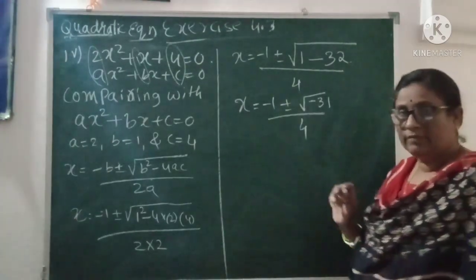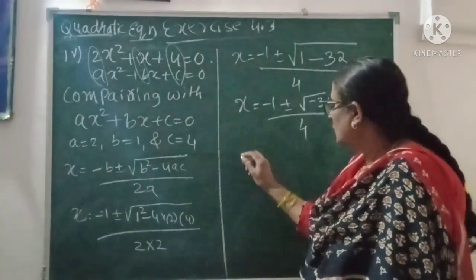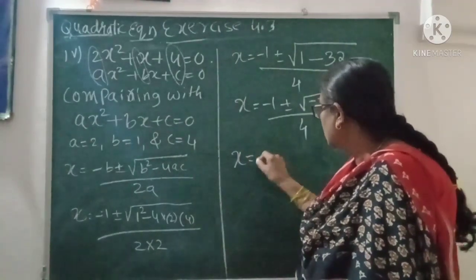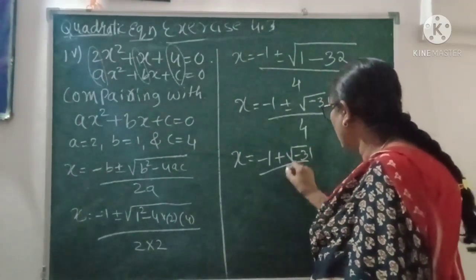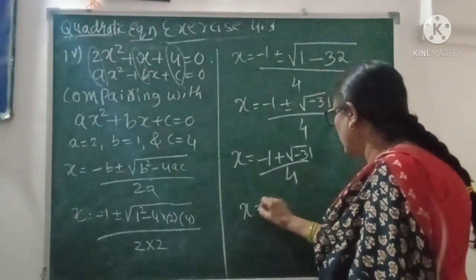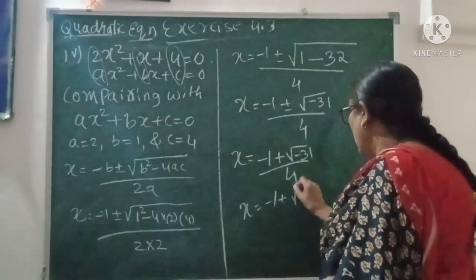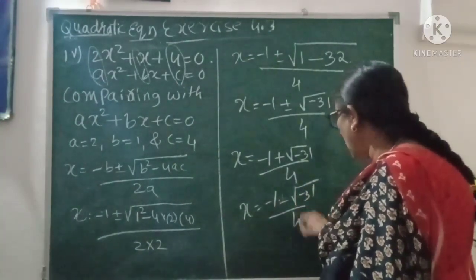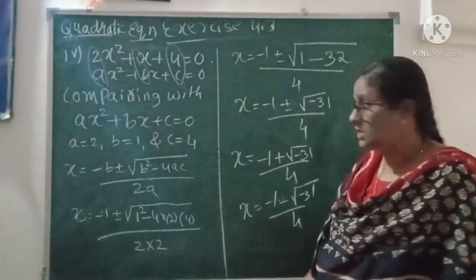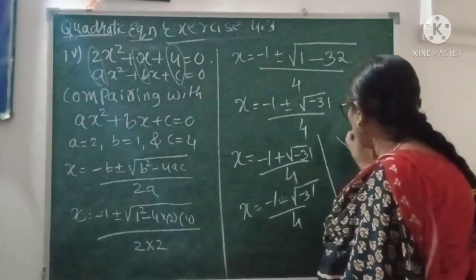Look at this problem. Well, you are not going to write x equal to minus 1 plus root of minus 31 upon 4 and x is equal to minus 1 minus root 31 upon 4 as the factors of this equation. No, this is not right.